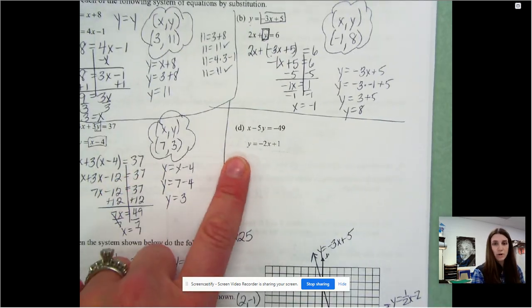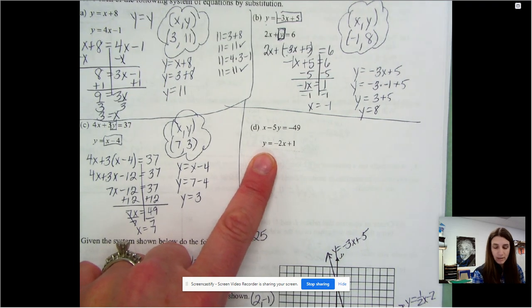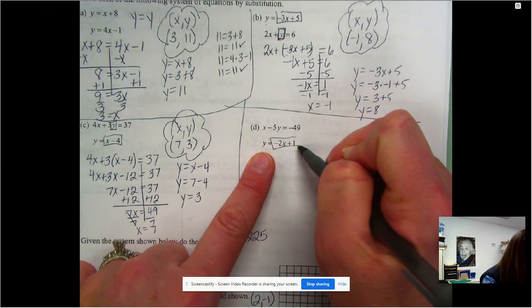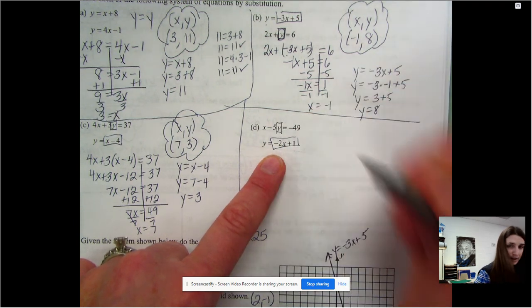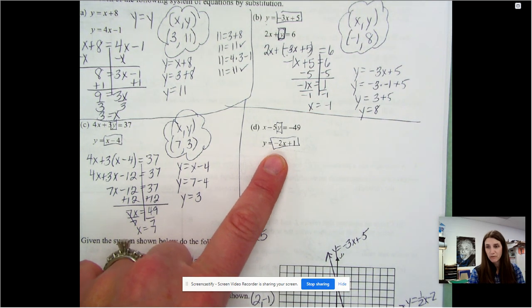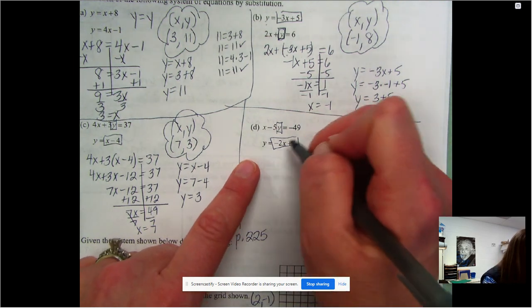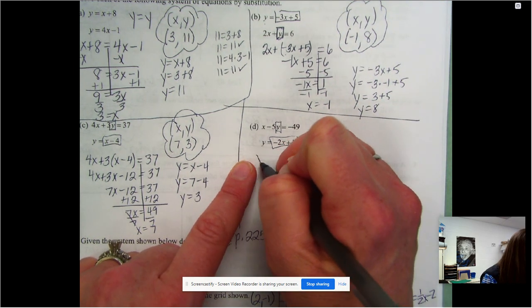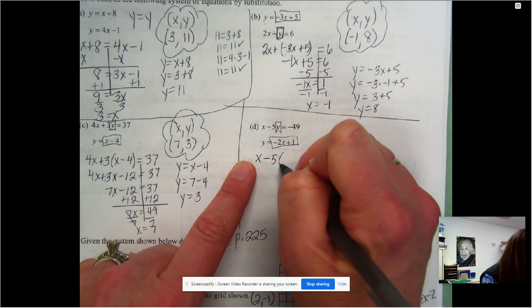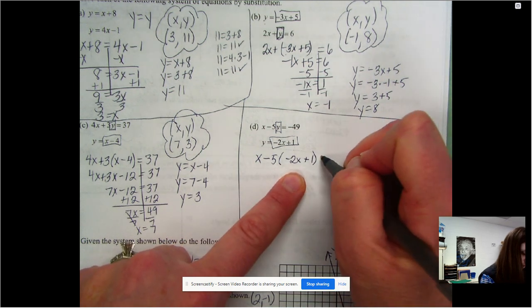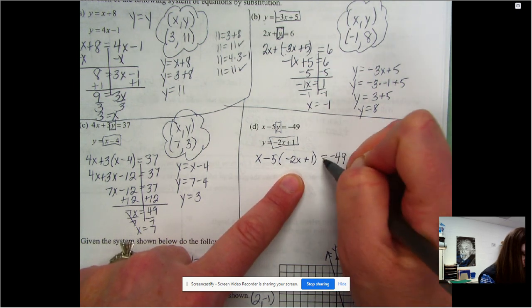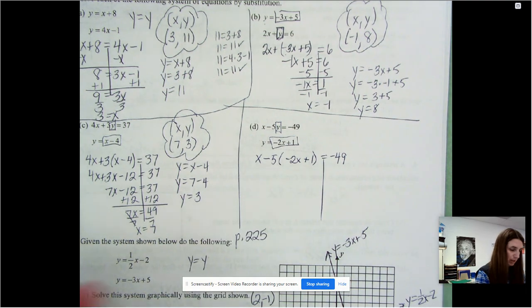So the only one that's alone here is y. So y equals all that. Up here, we're going to plug in there. Notice that a negative 5 is in front of it, so we're distributing a negative 5. So when we rewrite this equation, the only thing that changes is the y value. The y value now becomes negative 2x plus 1. Putting in that balance beam, let's distribute through.